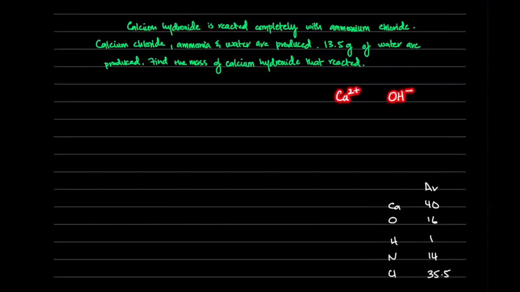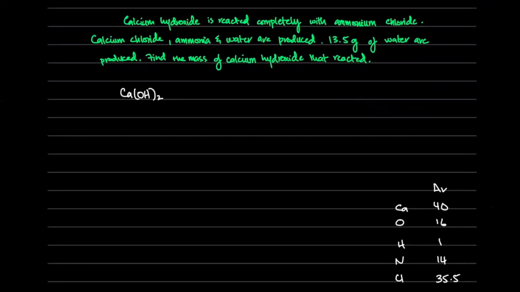So how many hydroxides do I need for the charges to be balanced? I need 2 of these hydroxides, right? ये 2 plus है, तो I need 2 hydroxides because hydroxide is 1 minus. So calcium hydroxide is CaOH2.